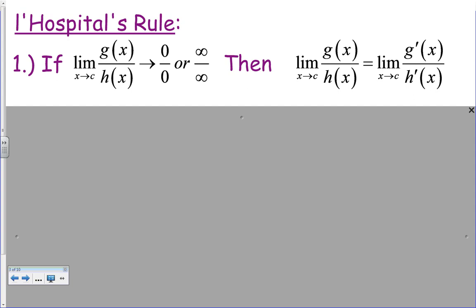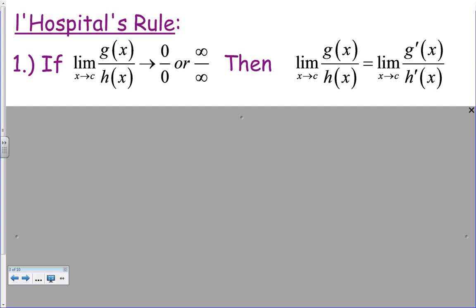So in other words, I take the derivative of the numerator, I take the derivative of the denominator, and hopefully that simplifies it so that I can find the limit of that. Now if that turns out still to be indeterminate, then we could use L'Hopital's a second time or a third time or however many times we need to until we finally get a limit out of this thing.